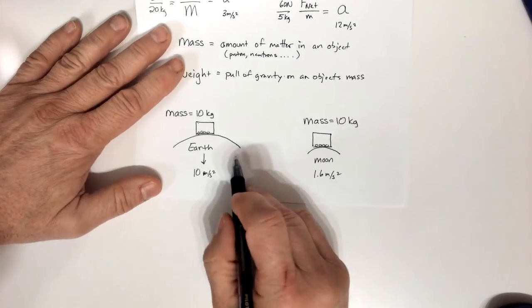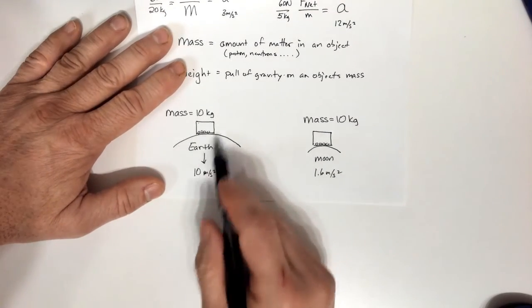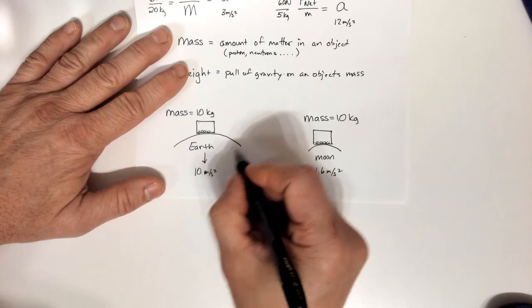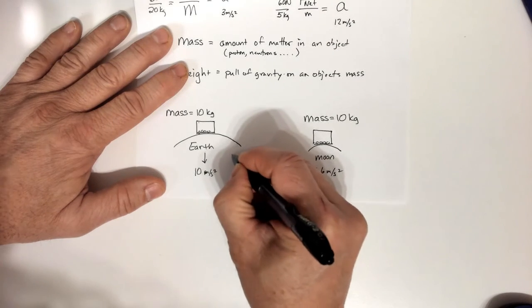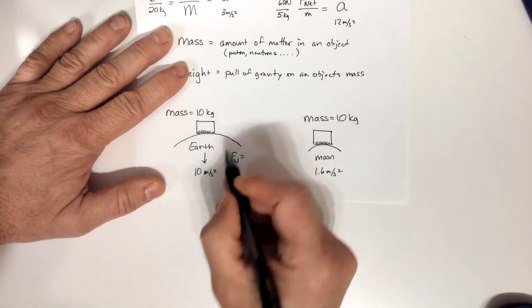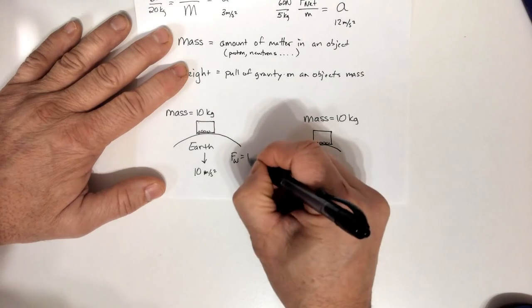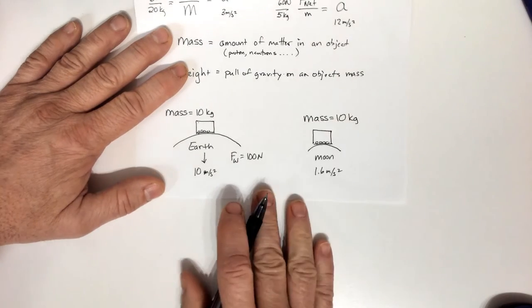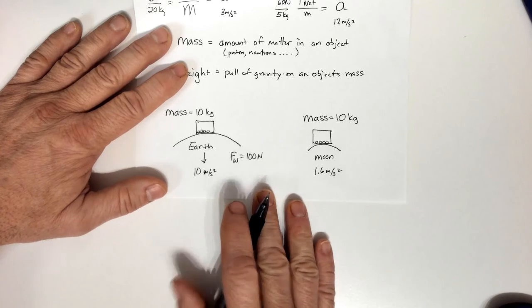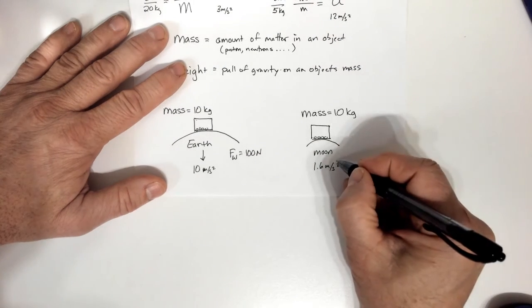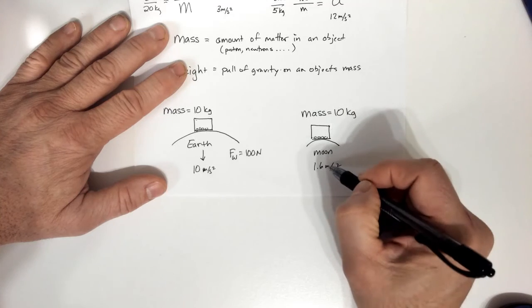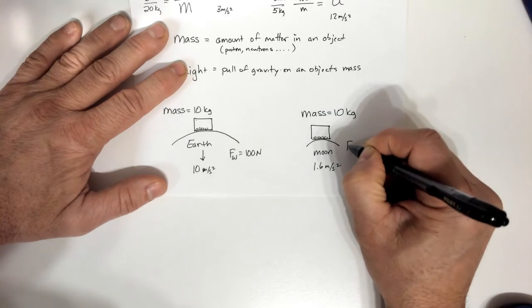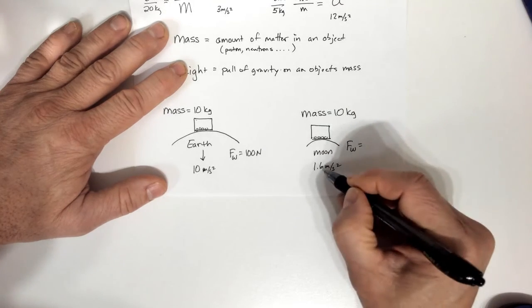So what happens is when you multiply these things out, this would have a force of weight of roughly 10 times 10, 100 newtons, okay, to pick that up. But this object, if it was the same exact object on the moon, then the force of weight would be 1.6 times 10.